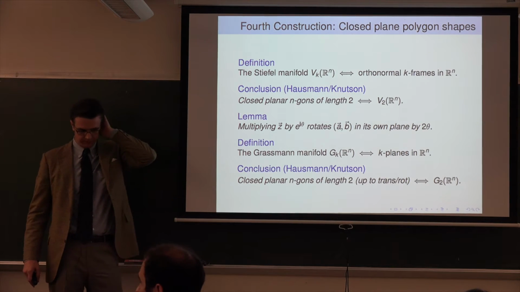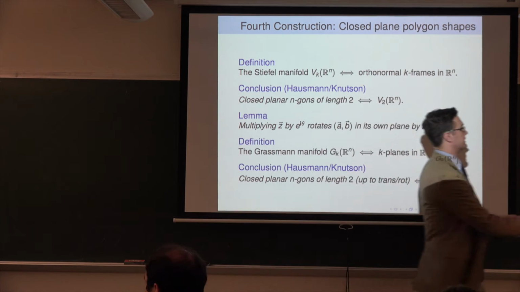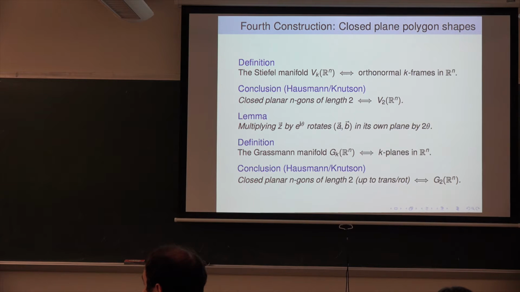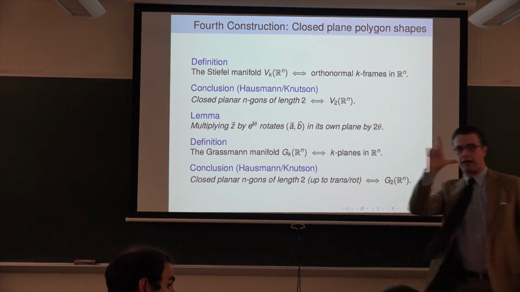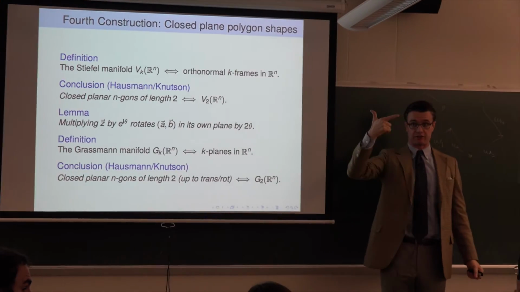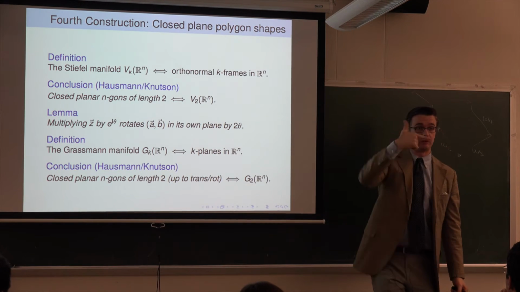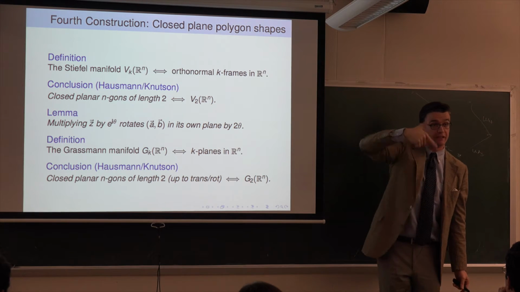which is pretty cool. And even better, again, you want to do the business where you say, oh, well, I want to mod out by rotations of the plane because I care about the shape of these things and not their particular orientation. So it turns out, okay, you have your two vectors, your A and your B vectors, sitting inside of Rn. A natural thing you can do is just rotate within the plane that they span. You have two orthonormal vectors. They span a two-dimensional plane.